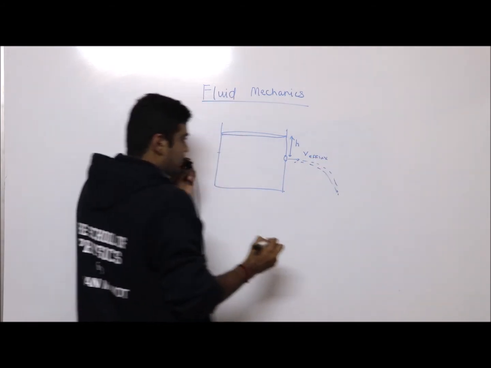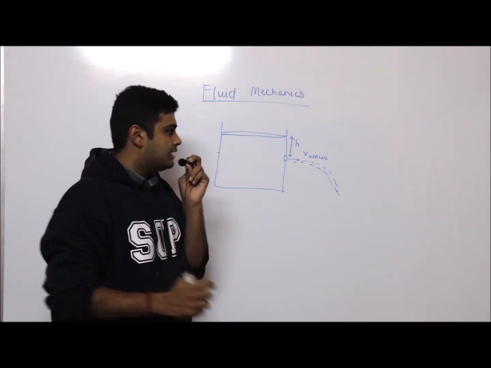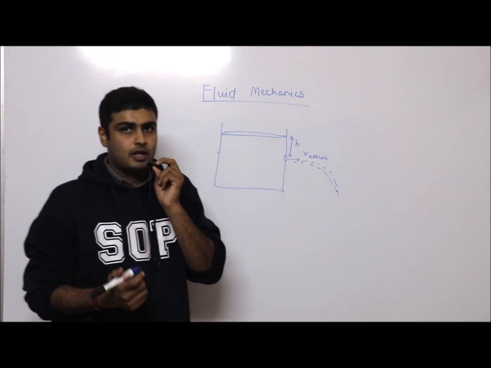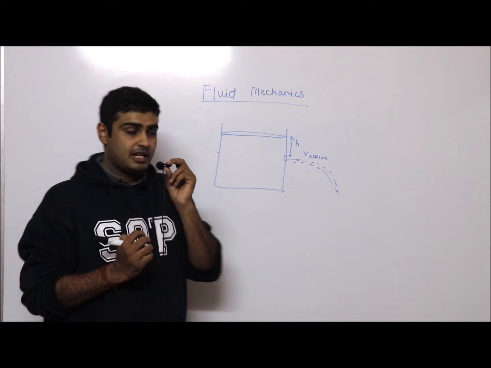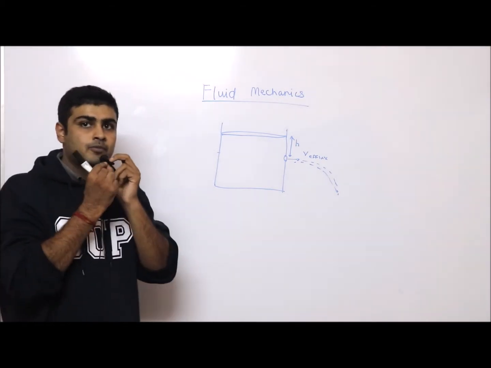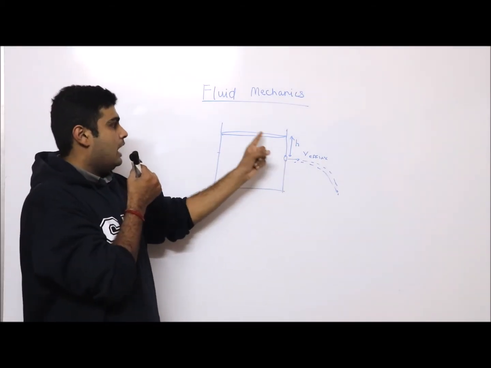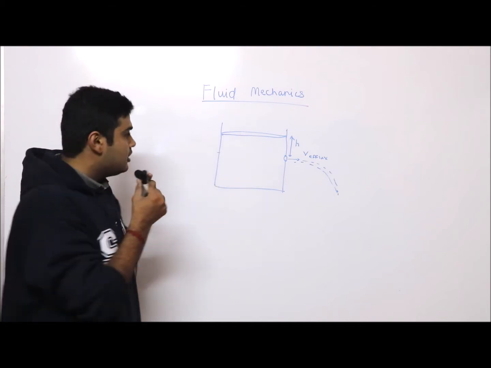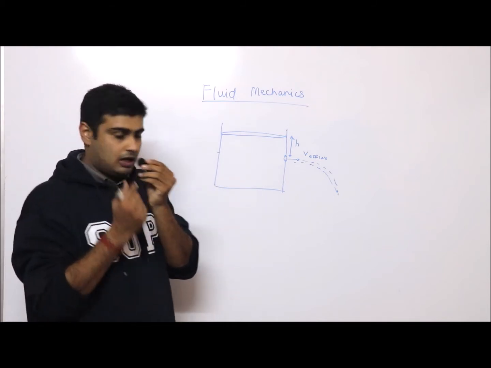Normally you just have to do it as root 2 gh, but in some cases there is also a comparison between the area of the hole and the area of the vessel. So we have to remember the formula.